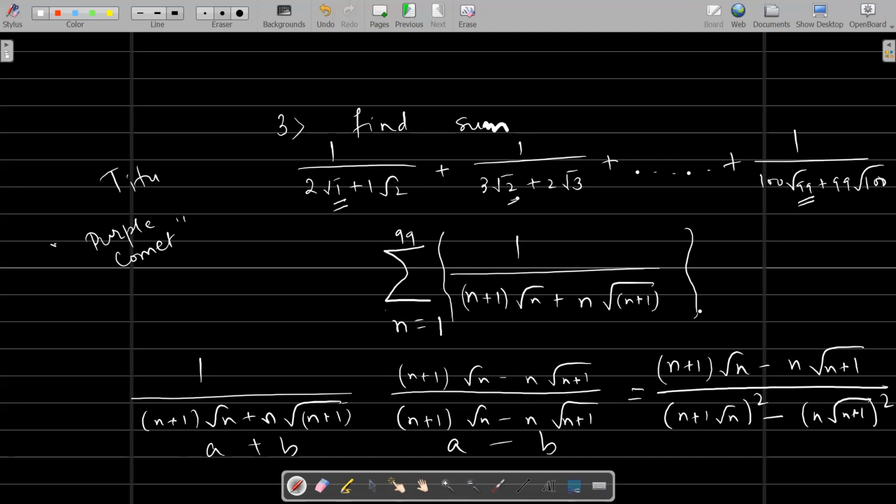So it's like a plus b into a minus b, and the product is a square minus b square. Now you simplify that denominator and I'll go to the next page.